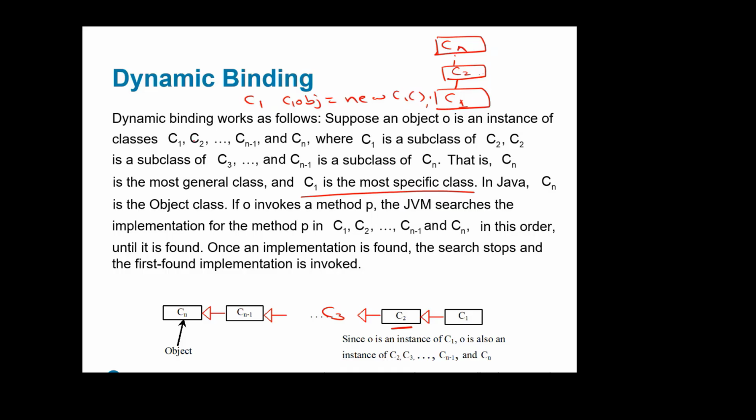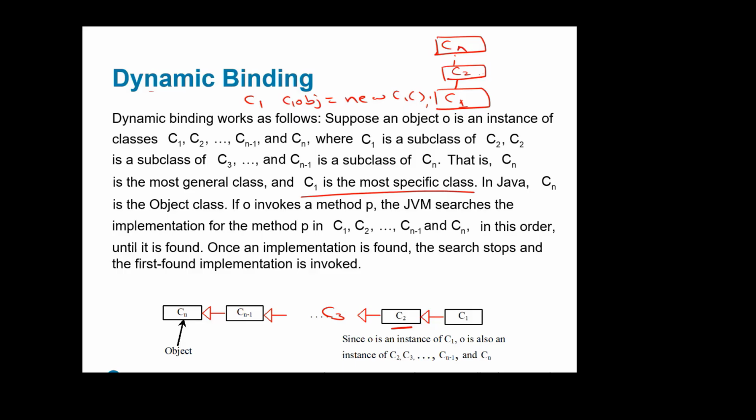That is the property of binding a method to an object of a class or a subclass. Wherever the closest binding matches, that method it is going to execute, and this is called dynamic binding.